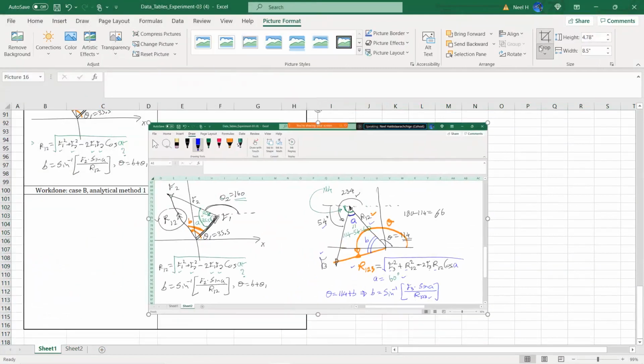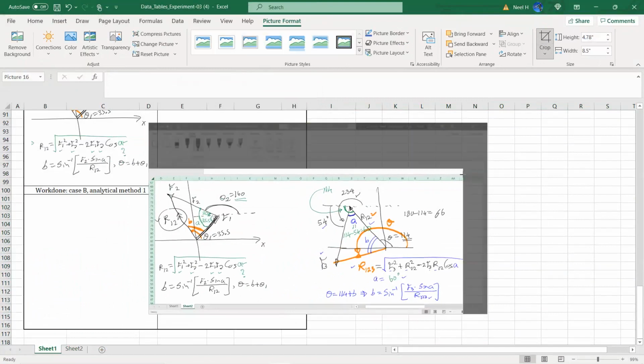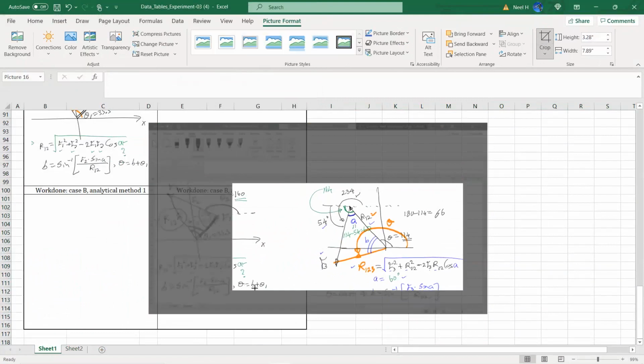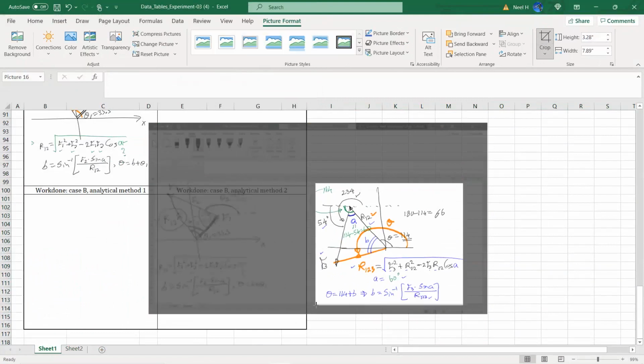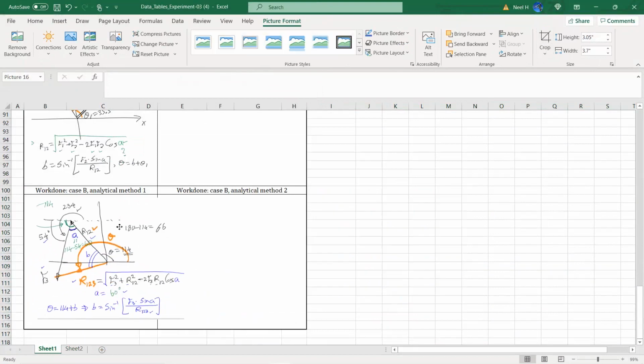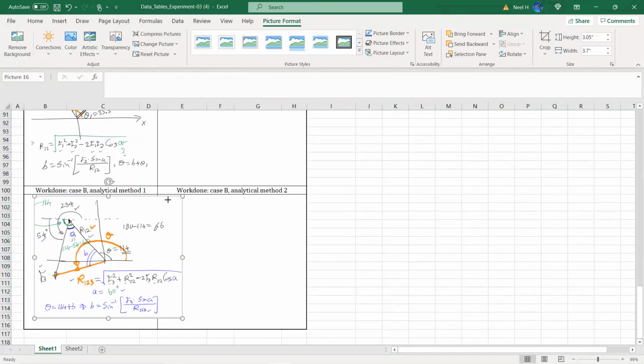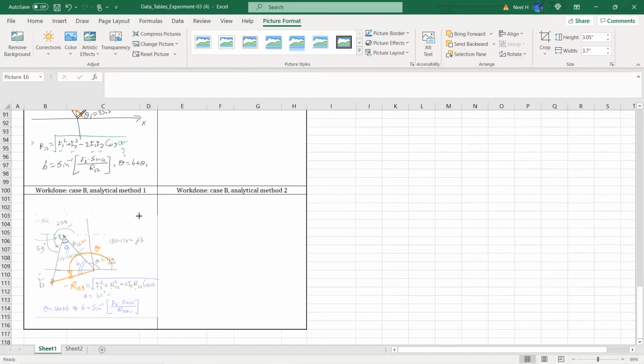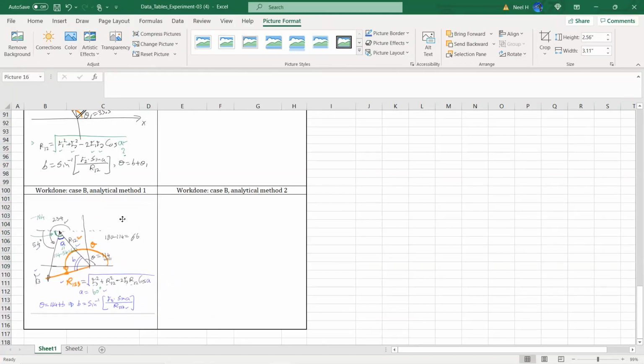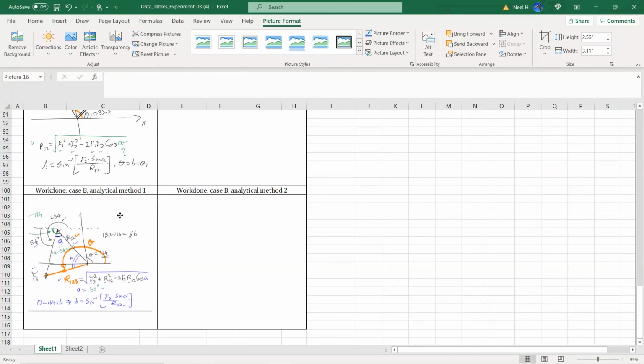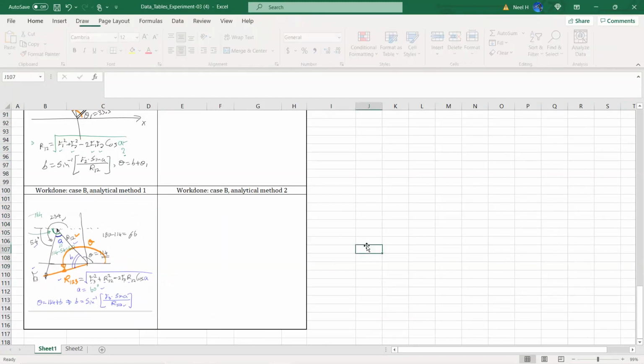Crop anything unnecessary out, and then nicely resize it into the area which we would like to see. And then you can move it to here, okay? Make sure those are fairly large enough to see, don't put really tiny pictures. I should be able to read the information inside there. Okay, guys, any question?